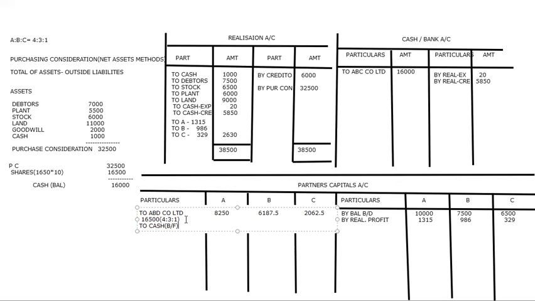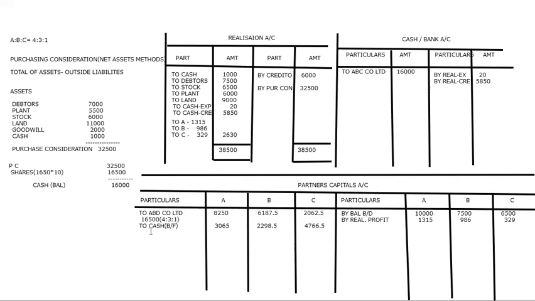If I do, I'm going to get the answer of some 3,065 here, and here I'm going to get 2,098.5 here, and here I'm going to get 4,766.5. So this is how I got the amount. Now I'm going to balance it. So totals I'm going to write here.